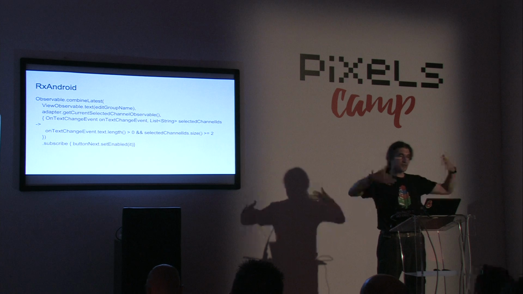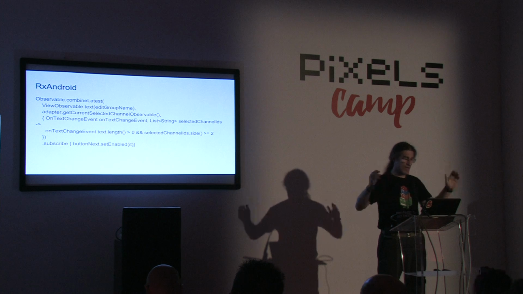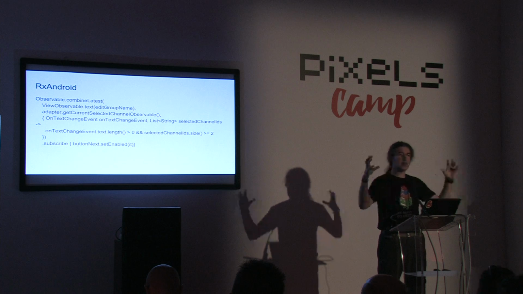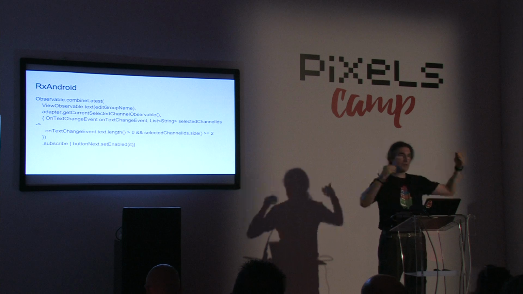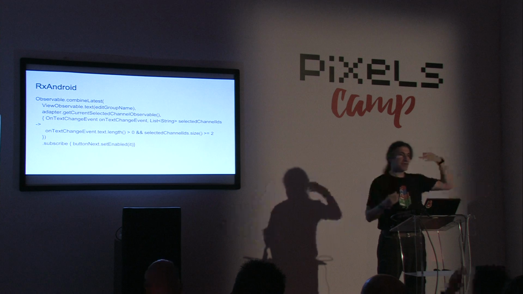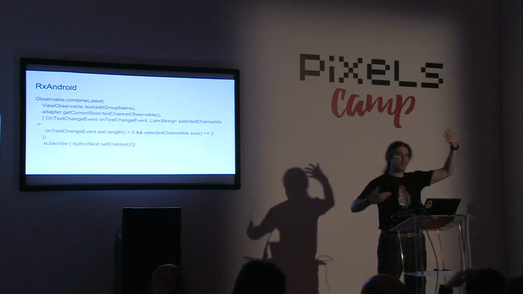So that it's two things that could be happening at the same time. And when I say combine latest, what it gives is just a function that combines both objects, and what I get, every time one of the streams emits an event, I get both. So if I type something, I get the new something and the old something from the other stream.